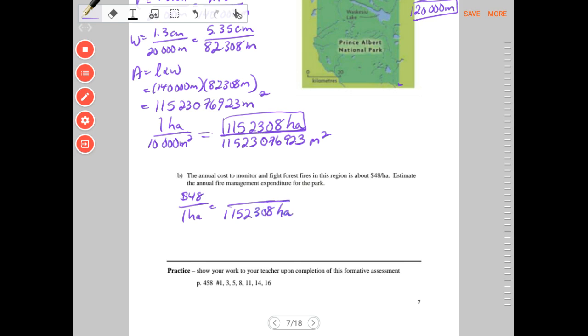Then again, we're just going to cross multiply that big number times 48, divide by 1. Again, feel free to turn off the video while you type this onto your calculator. I got $55,310,769.23 to manage or to firefight for the park. That's significant. 55 million. Wow.